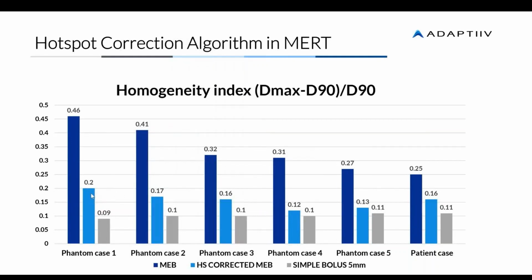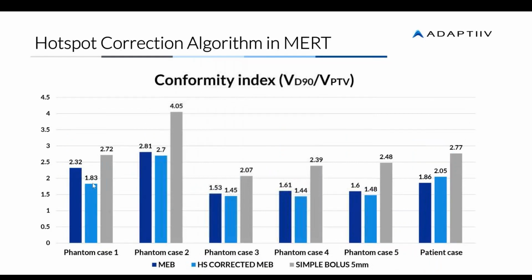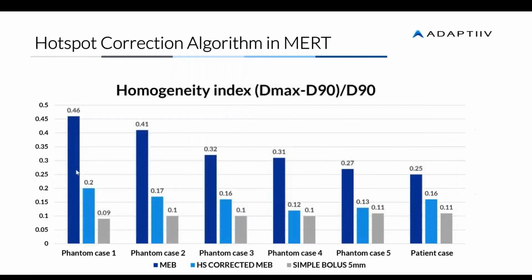And we see here that in all 6 cases we can actually maintain the dose homogeneity index very much comparable to the simple bolus plans, while at the same time maintaining the dose conformity index comparable to the MEB plans.